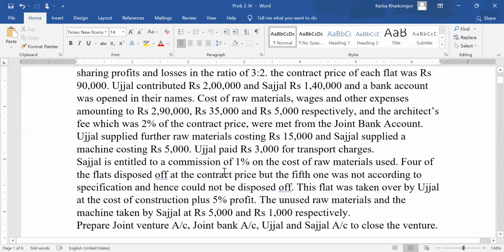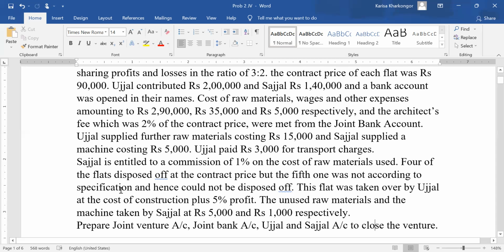Sajal is entitled to commission of 1% on the cost of raw materials used. So Sajal is also entitled, that means he has to get commission of 1% on the cost of raw materials used, which we have to calculate. Four of the flats were disposed of at the contract price, but the fifth one was not according to specification.